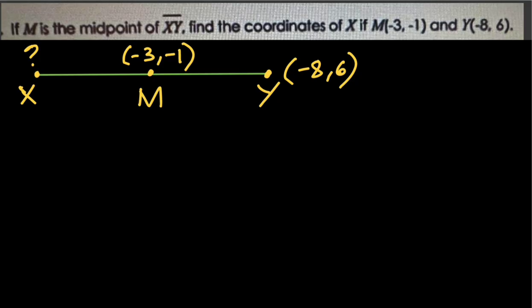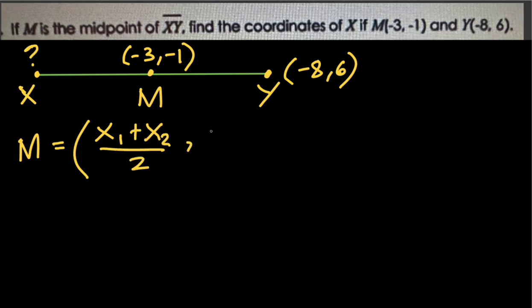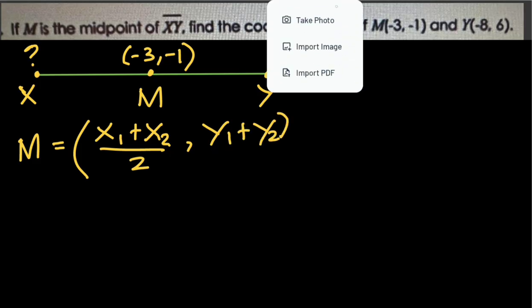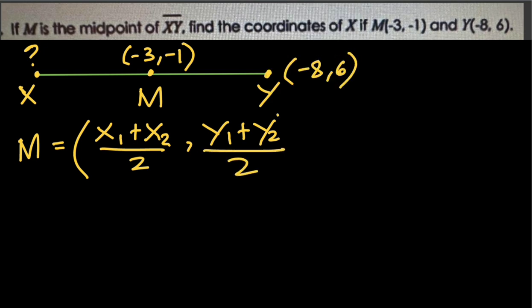Now to solve this, we need to use the midpoint formula. The midpoint formula is just the average of the x coordinates and the y coordinates. We're given the midpoint, which is (-3, -1).